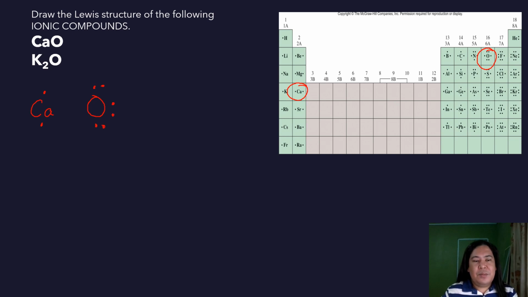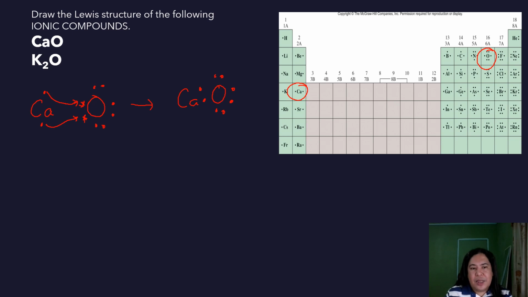During chemical bonding, the two valence electrons go to oxygen. Okay? And then you will get calcium and oxygen, and that is the Lewis symbol.